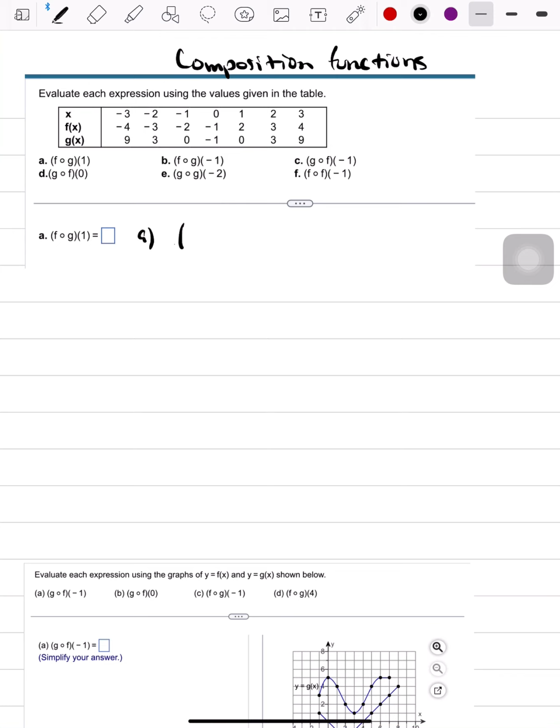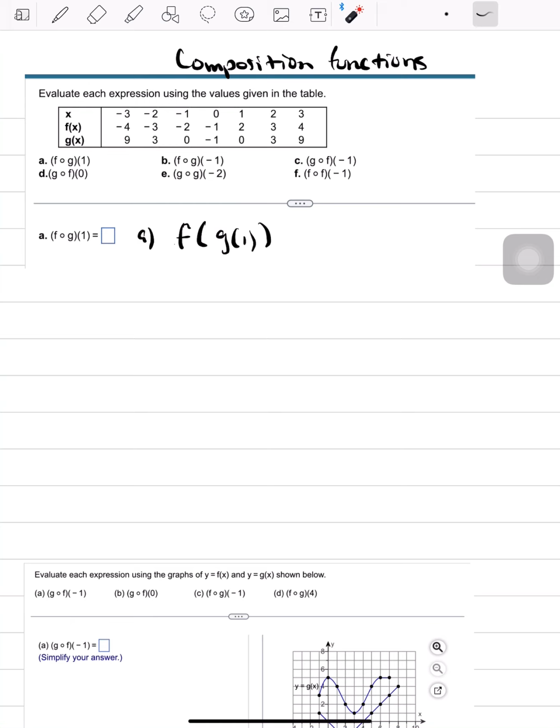So f of g of 1 is rewritten as f of g of 1. And with composition functions, you kind of work inside out, right? Work inside out. And so we always want to focus on what the inside is and then apply that result to the outside.